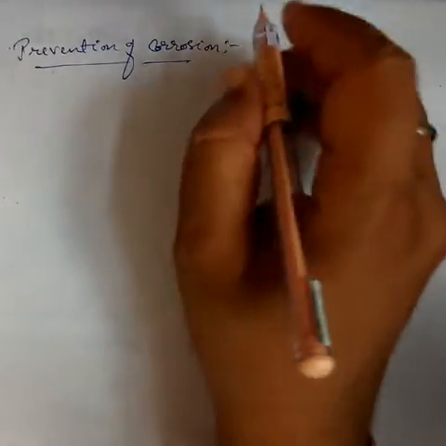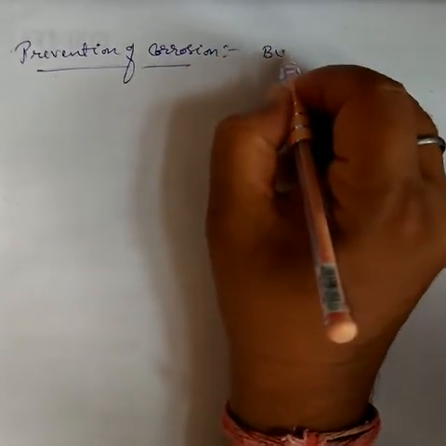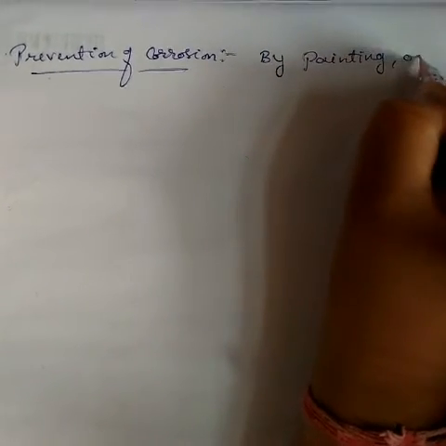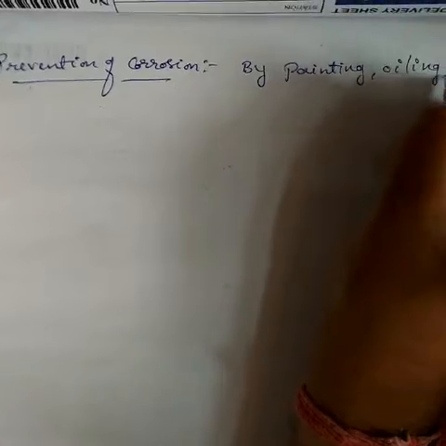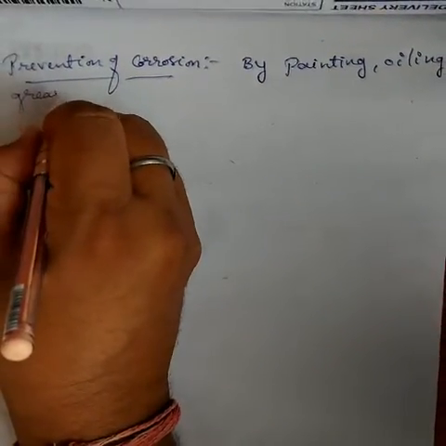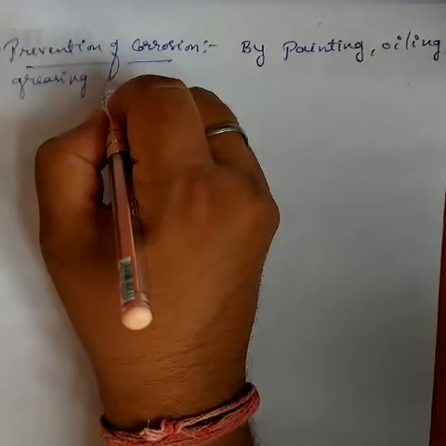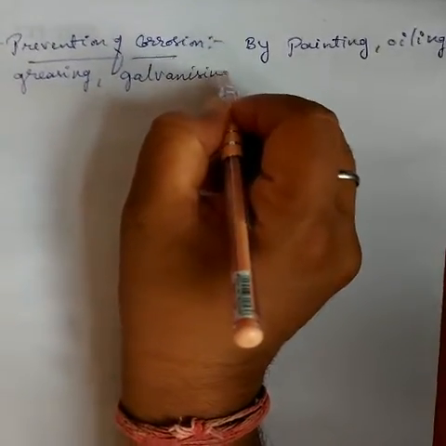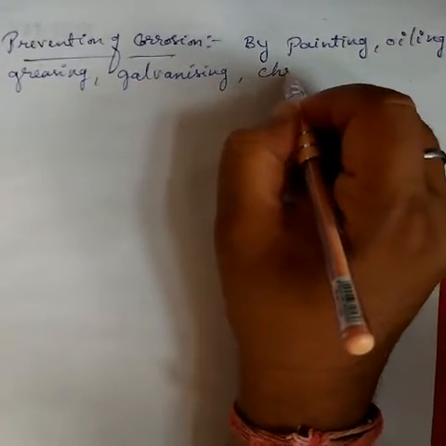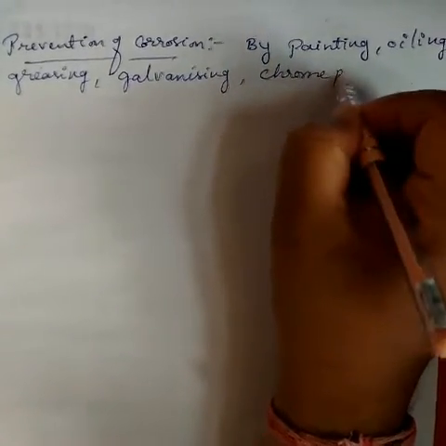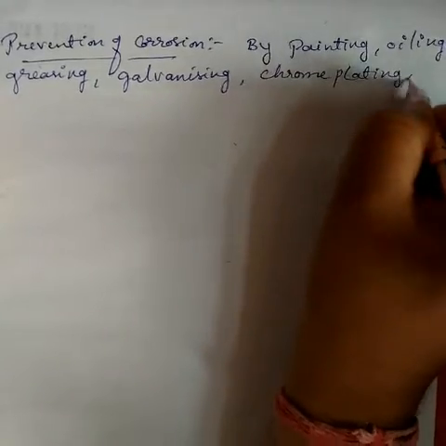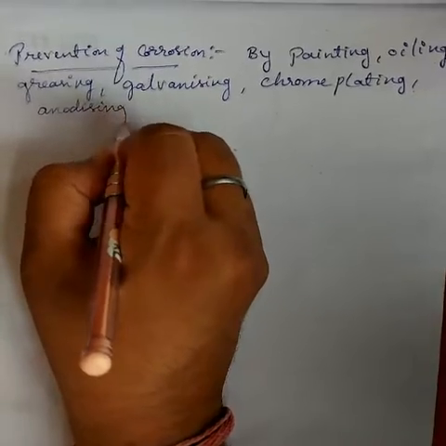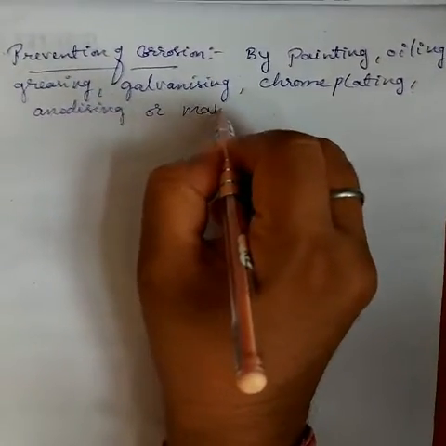Very simple: by painting, by oiling, or by greasing, or by galvanizing, or chrome plating, or by anodizing, or making alloys.